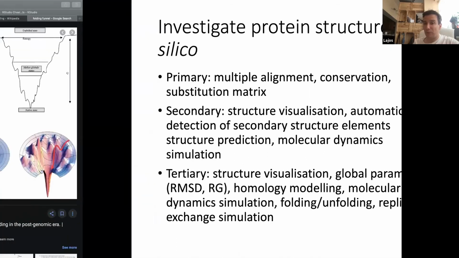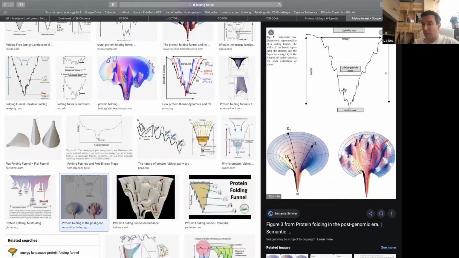Clearly, you won't be able to identify these spots, because if you think about the unfolding, you are starting from the bottom, and you are giving energy to your structure. So it will always go up. You will never see these intermediate states.